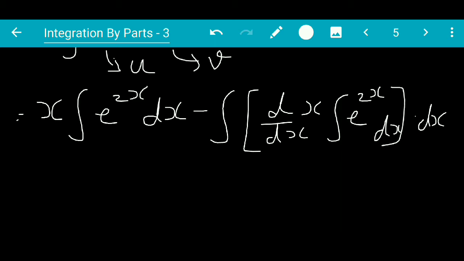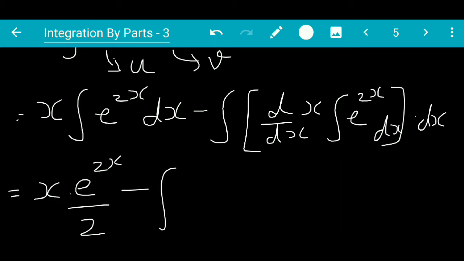Upon having written this, now in the next step, x into, now what is the integral of e raised to 2x? You know that the integral of e raised to x is e raised to x itself. So in this case we get e raised to 2x upon 2 minus, now the derivative of x is 1 and again the integral of e raised to 2x becomes e raised to 2x upon 2.